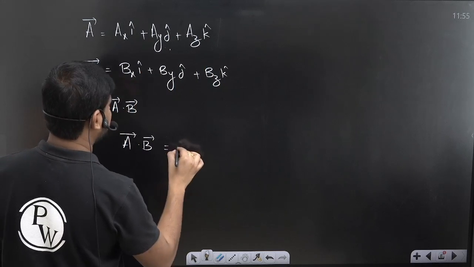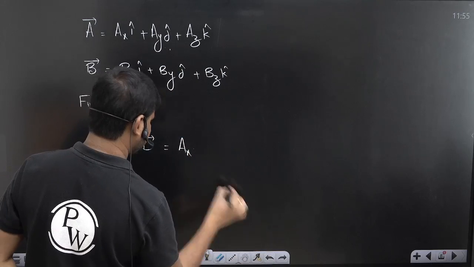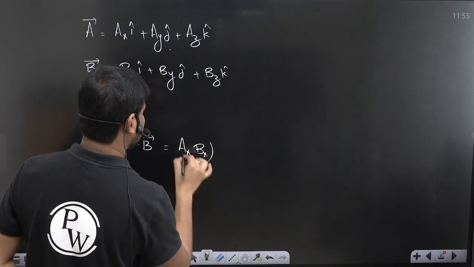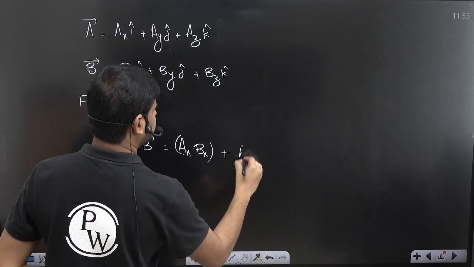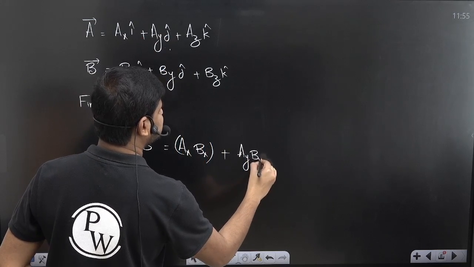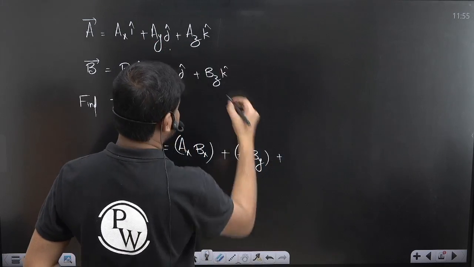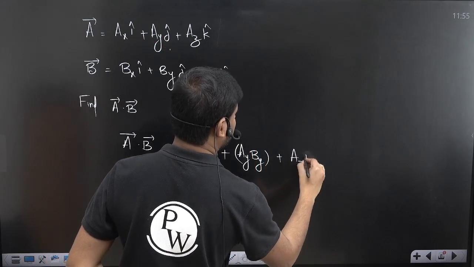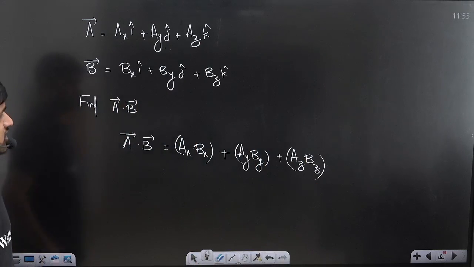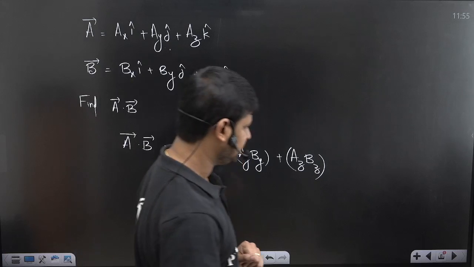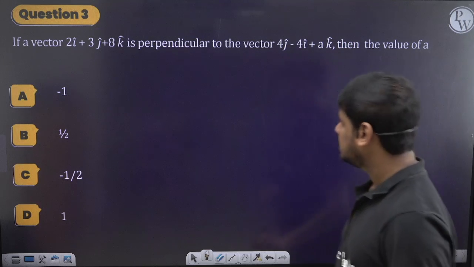So simply you can write ax into bx, i dot i is 1, plus ay by, j dot j is 1, plus az bz, k dot k is 1. That's it. Clear, everyone? We'll see a question so that you'll understand even better. Chalo, next, let's see the question.